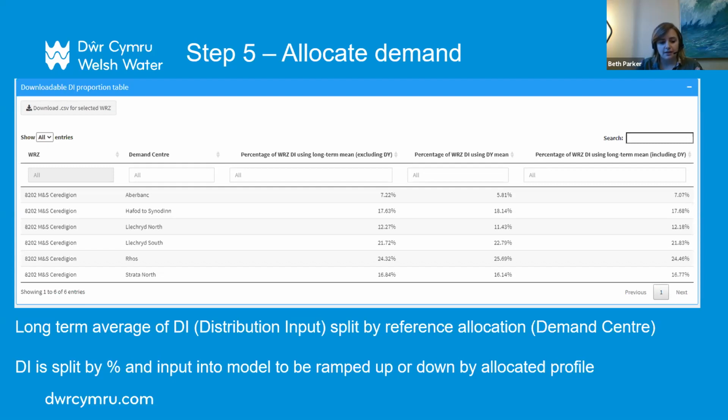We then utilize this number to allocate a demand amount to each of our demand centers in the model, and this is what is ramped up and down those demand profiles we showed you on the previous page to give an accurate changing demand profile over a year of demand within the zone. Next slide, please.